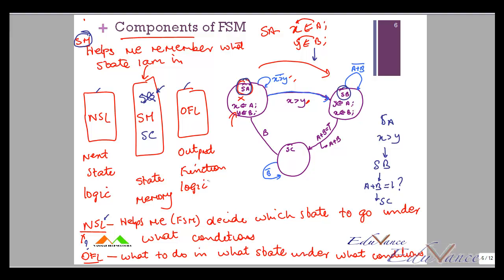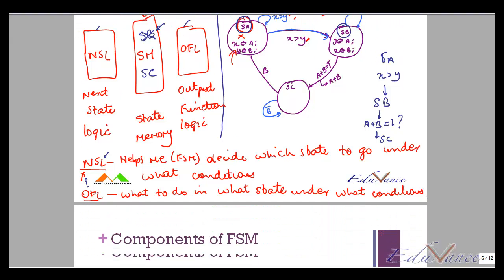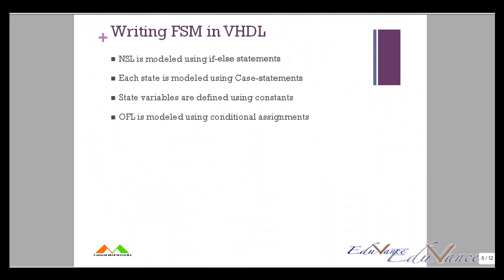So now, given this kind of a structure, that these are the components and this is an FSM, how do we write this in VHDL? First, you would model your NSL, that is your next state logic, using if-else statements.